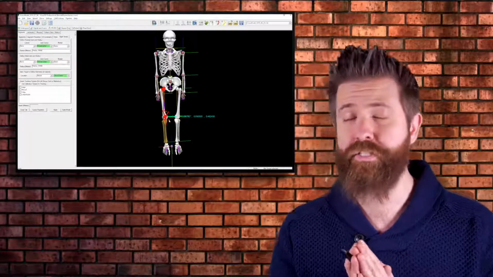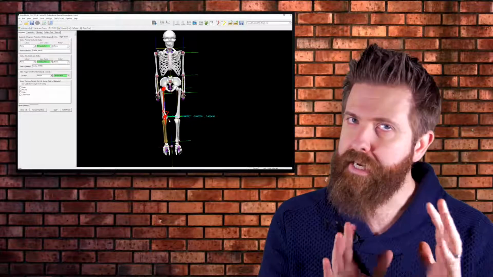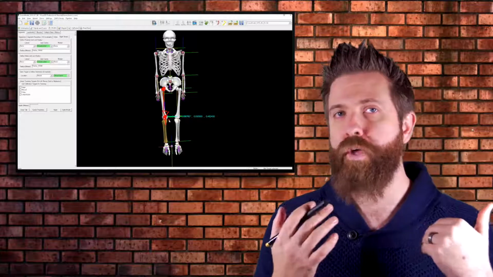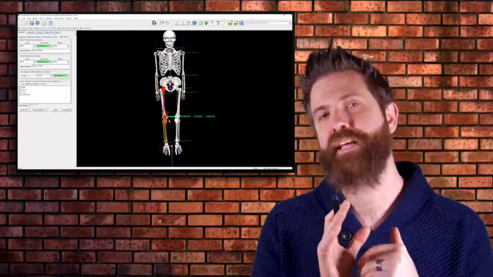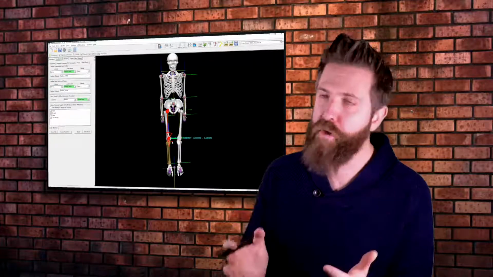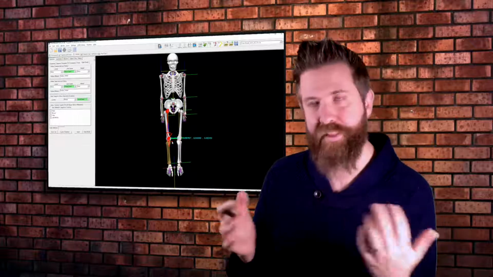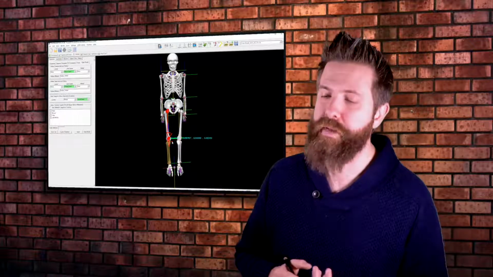Now this is important to understand that this is not coming from a subject. We are creating our model exactly in a perfect anatomical pose. So everything is perfectly upright. Now why does this matter?